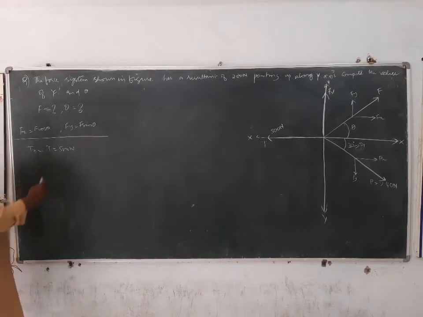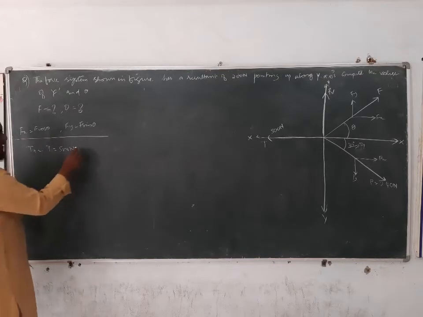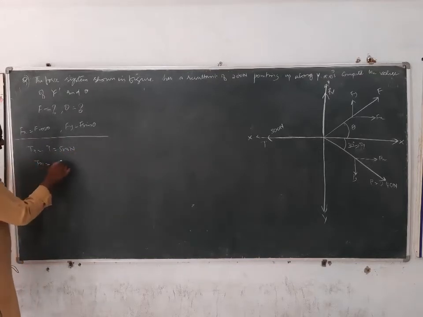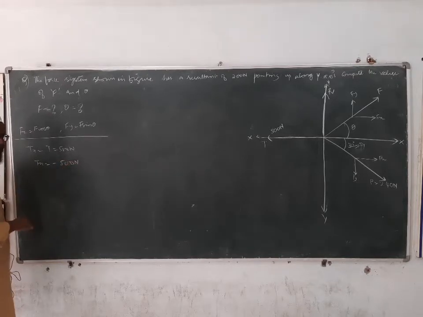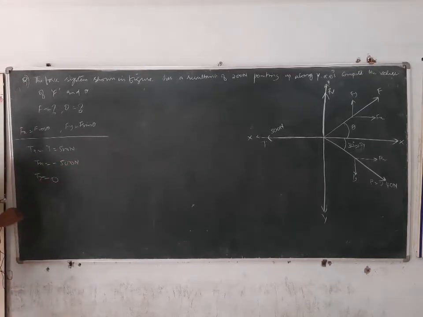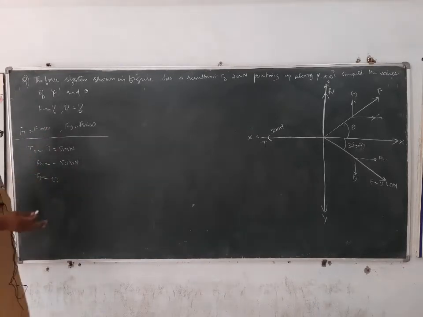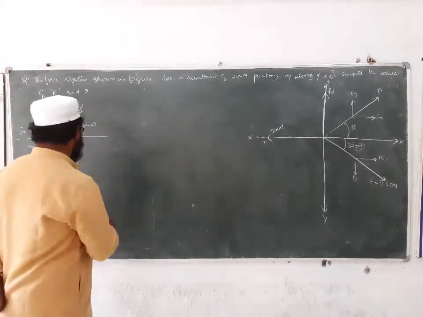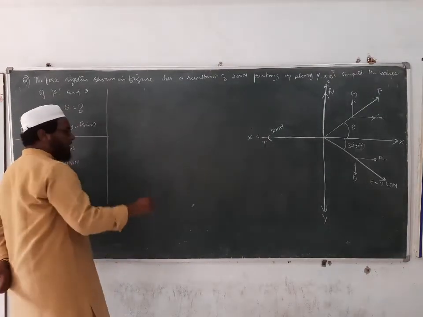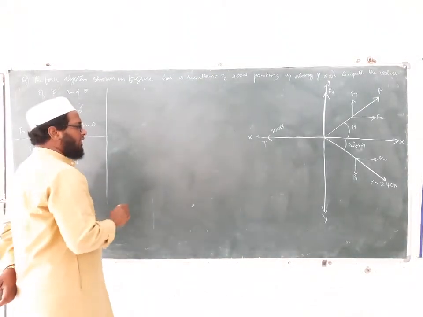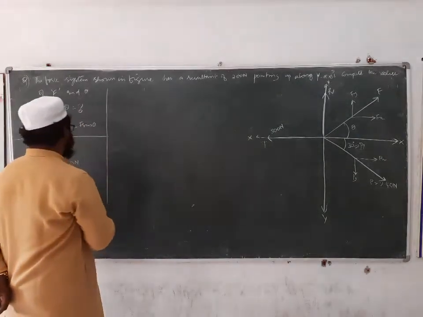Since it is going in the negative x direction, Tx is equal to minus 500 newtons. Ty will be 0, because we have only the x component for this force.